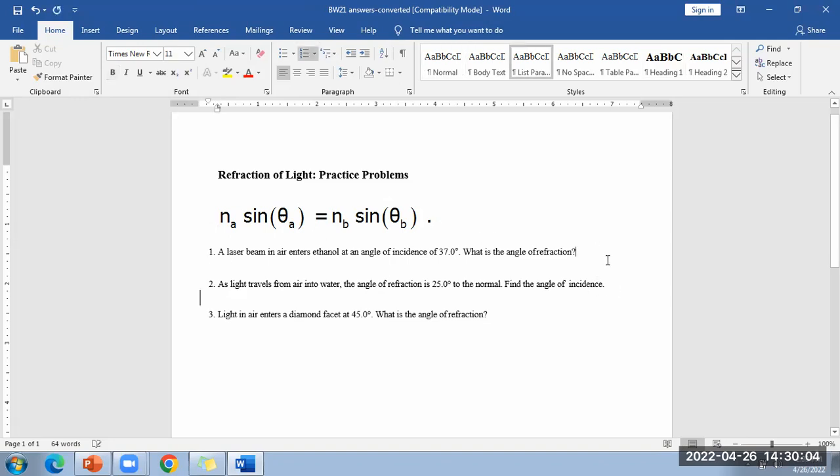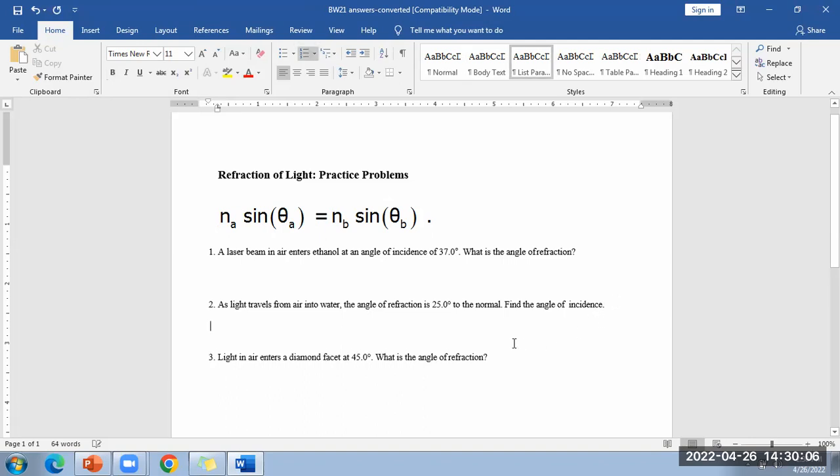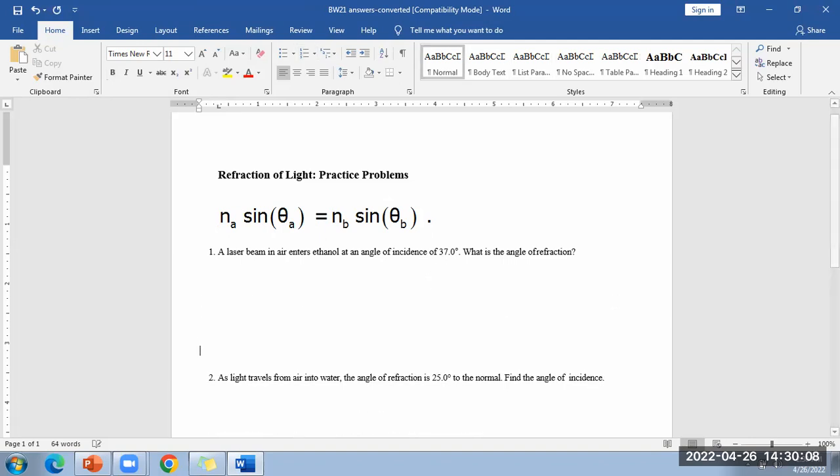Hanapin yung mga sine. Sabi dito, a laser beam in air enters ethanol at an angle of incidence of 37.0 degrees. So what is the angle of refraction? I-apply natin. Meron tayong angle 37.0.